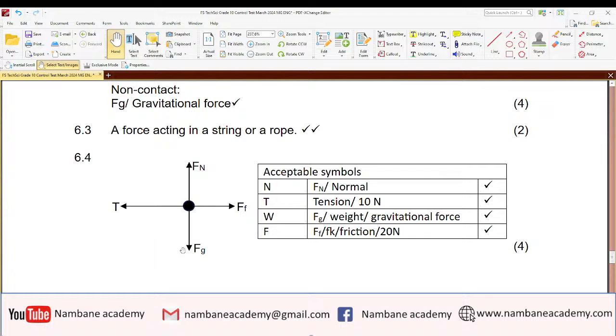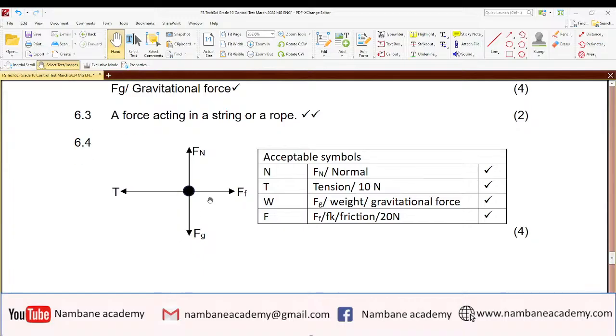6.4, draw a free body diagram of all the forces acting on the trailer. For us to award a mark, one, all the forces must start from the object moving outwards. 2, the forces must have an arrowhead, indicate the direction. 3, it must have a label, ladies and gentlemen.